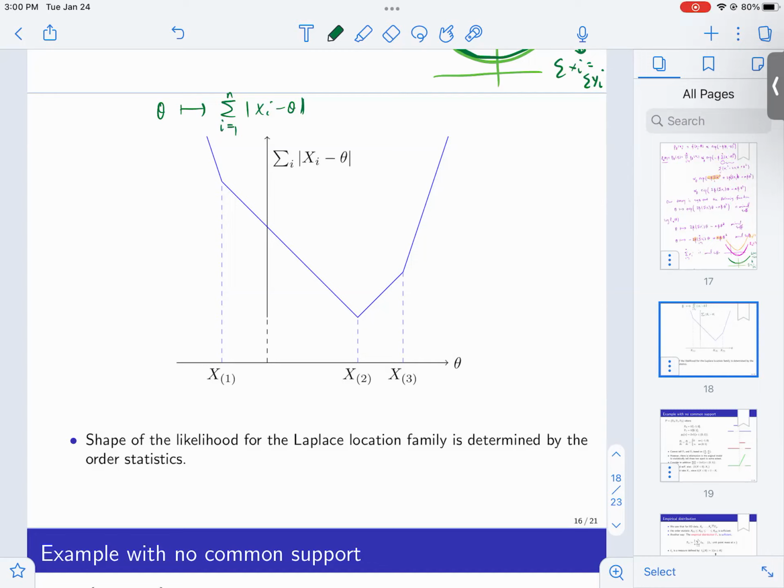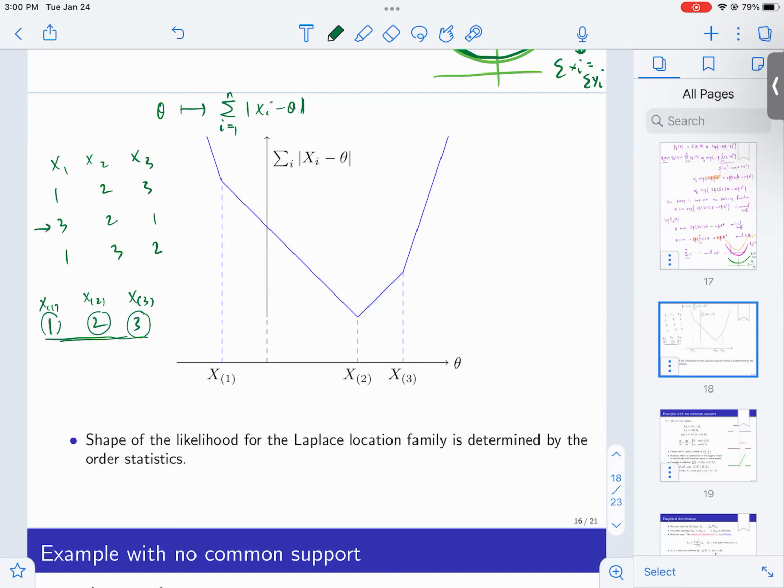For example, x1, x2, x3 could be 1, 2, 3, or 3, 2, 1, or 1, 3, 2. All of these have the same order statistic, which is 1, 2, 3. When you say order statistic, it means the smallest one is 1, the biggest one is 3, and the middle one is 2.